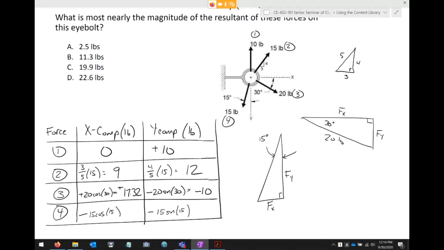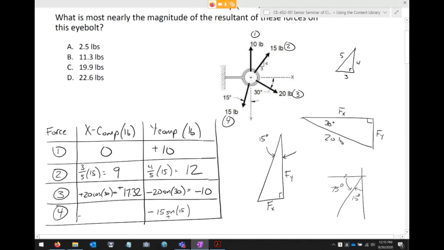You can either do a switcheroo and put the sine over here and the cosine over here, or, here's your coordinate system, instead of using 15 degrees, you can use the 75 degrees here. Either one works, but you just need to be cautious that you're using the correct angle. So I'm going to use the 75.